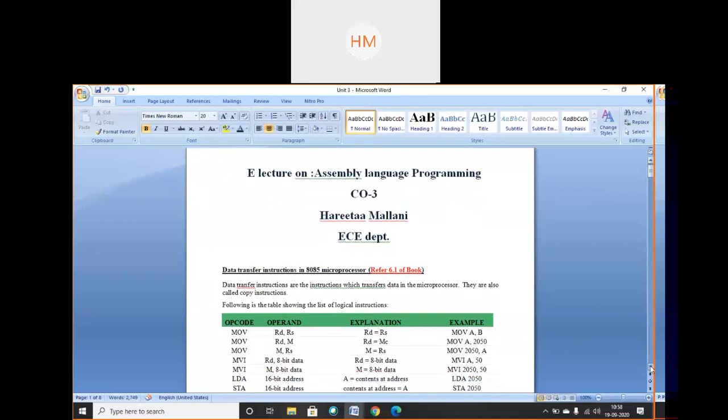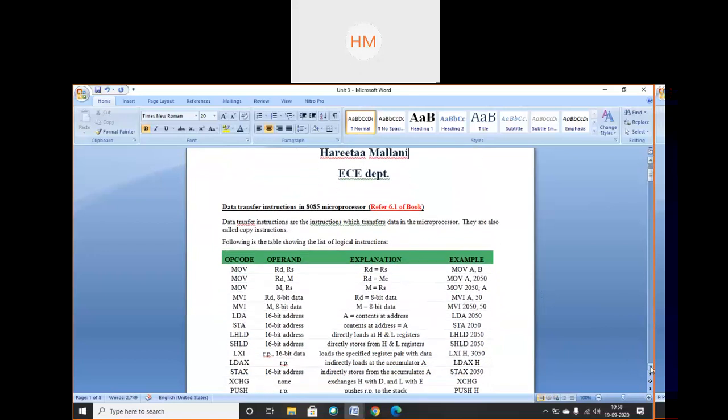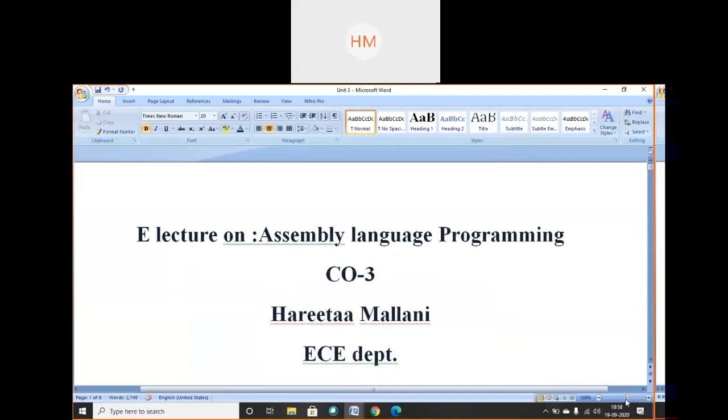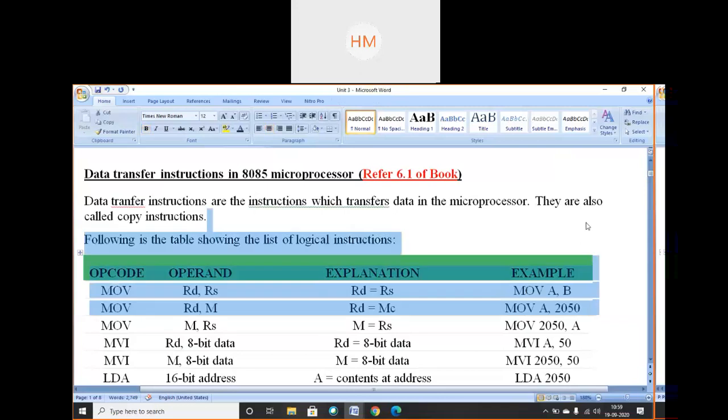Just a brief introduction again so that it will be revised in your memory and you will come to know the instructions. Data transfer instructions are the instructions which transfer data in the microprocessor.